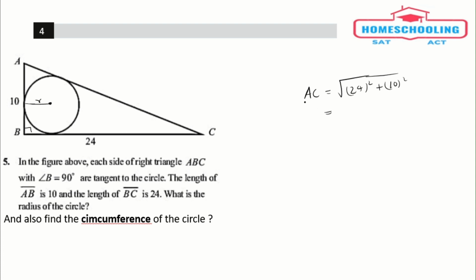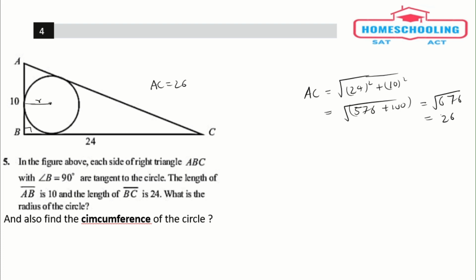Let me calculate. 576 plus 10 square, 100, so this is equal to 676. The square root of 676 is going to be 26, since 26 square is 676. So now we know the value. Let's come back: this whole AC is equal to 26.